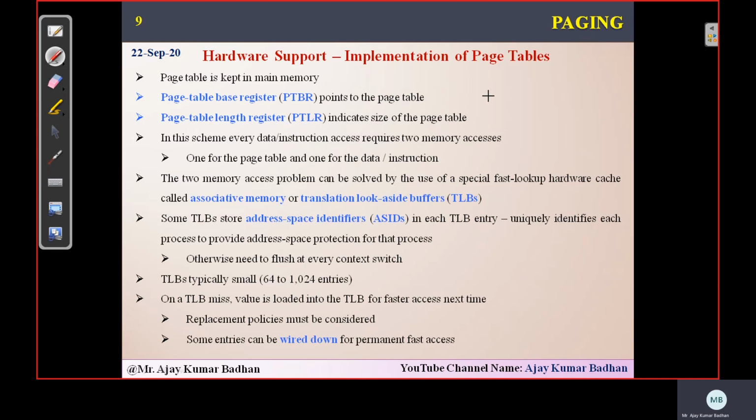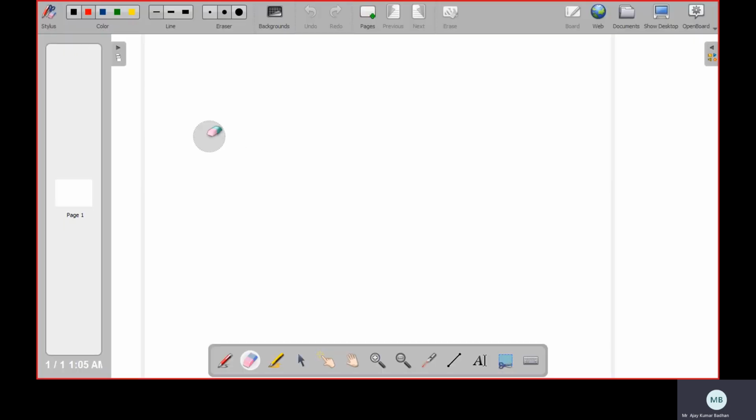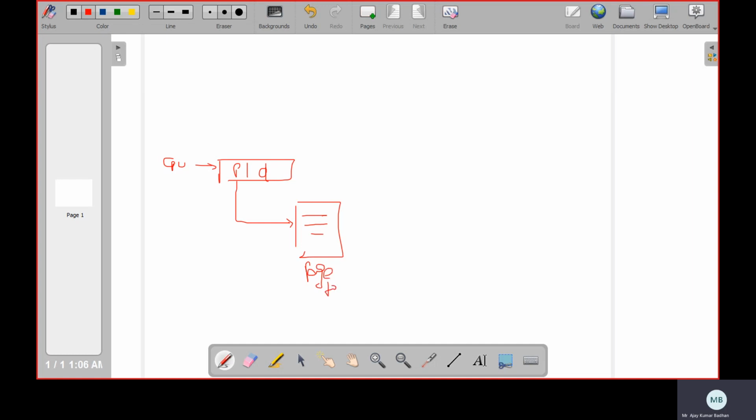The problem here is that it takes some time. Like in the previous diagram I showed you, the CPU is generating a logical address. That logical address consists of P and D. Now this particular P, we are going to search in our page table. This is your page table, right?